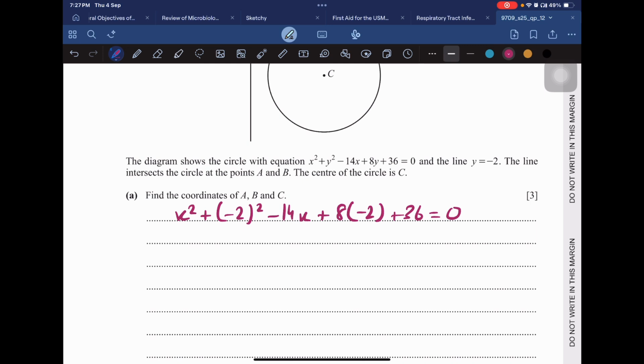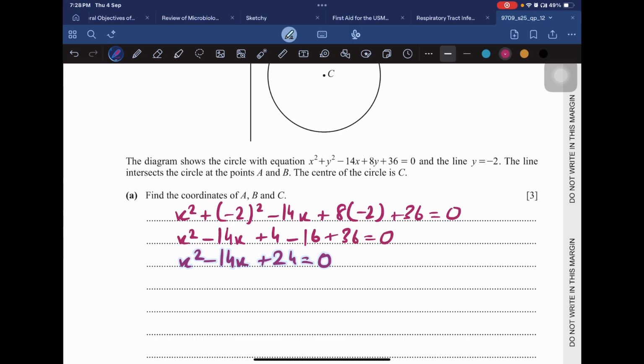Then we have x squared minus 14x. Negative 2 squared becomes 4. Negative 8 times negative 2 becomes negative 16. Plus 36 equals to 0. x squared minus 14x. 36 minus 16 would be 20 plus 4 will be 24.